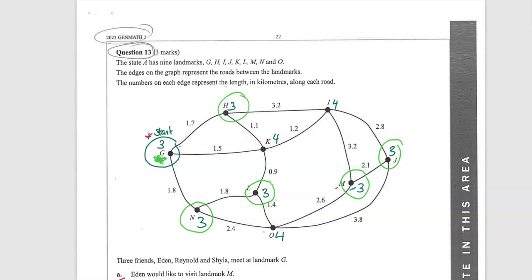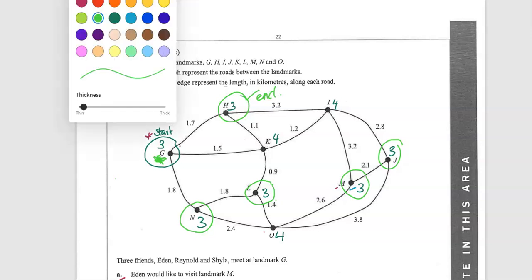I've got 5 others. Now, we want to keep G odd. Because G is connected to N and H, but H is only connected to G as an odd, we probably want to keep this one, and this is where we're probably going to end. So that means we want to make these other 2.